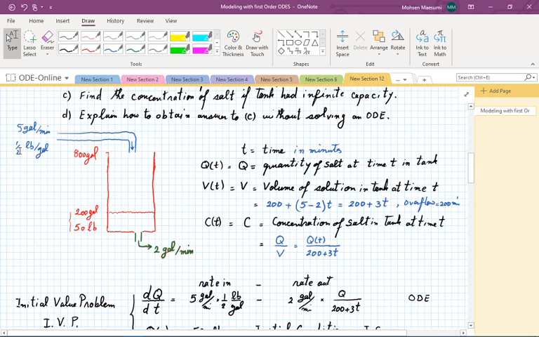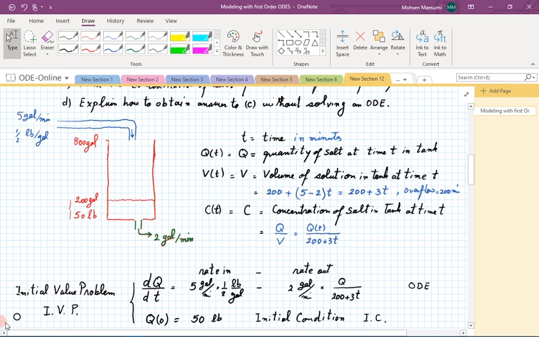Why should we expect that the limiting concentration be the concentration of the incoming liquid? Well, very easy. The initial salt in the tank after an infinite length of time is going to be insignificant. Whatever salt was in the tank is going to be all washed out at that stage. It's going to be replaced by that.